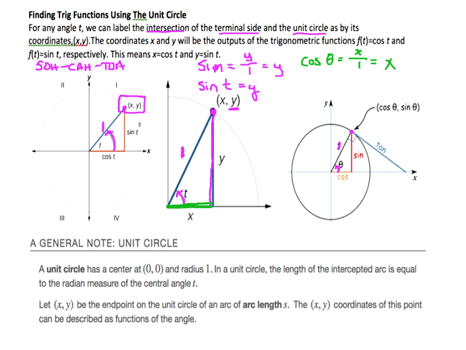It ends up being just the x value. So you can actually call the coordinates of any point on the unit circle cosine theta, sine theta, instead of x and y. So green check if that all makes sense as to how we can actually rename the coordinates of a point on the unit circle cosine theta, sine theta.